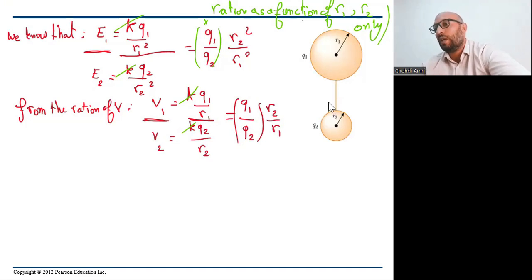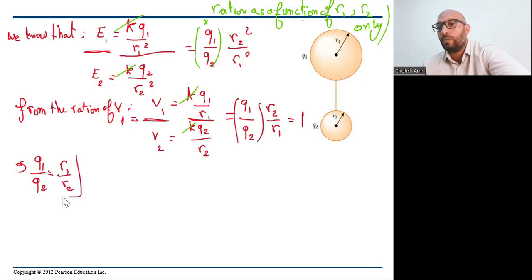These two spheres are connected by a conducting wire, so the potential is the same. So this ratio is equal to 1, and we can say that Q1 over Q2 equals R1 over R2. This is equation 2, and the previous one is equation 1.